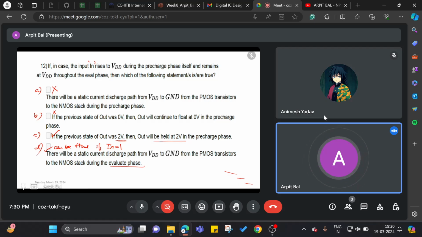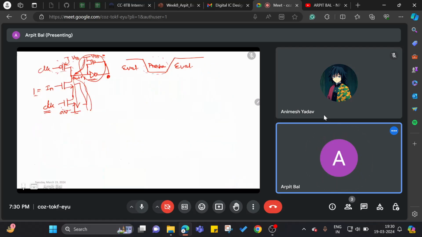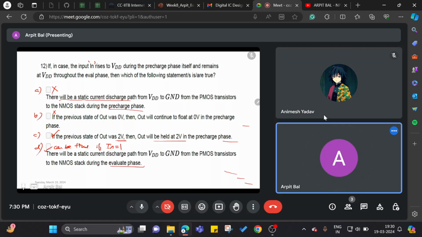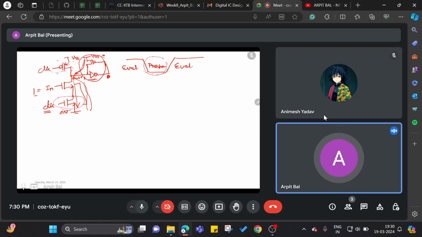First thing, in the pre-charge phase, the clock is low, so because of that this will be disconnected. So there is no possibility that there will be a path between VDD and ground. So the first statement is wrong. Second, if the previous state is some 0 volt, then the output is not going to float because we have a transistor, the PMOS, present here.